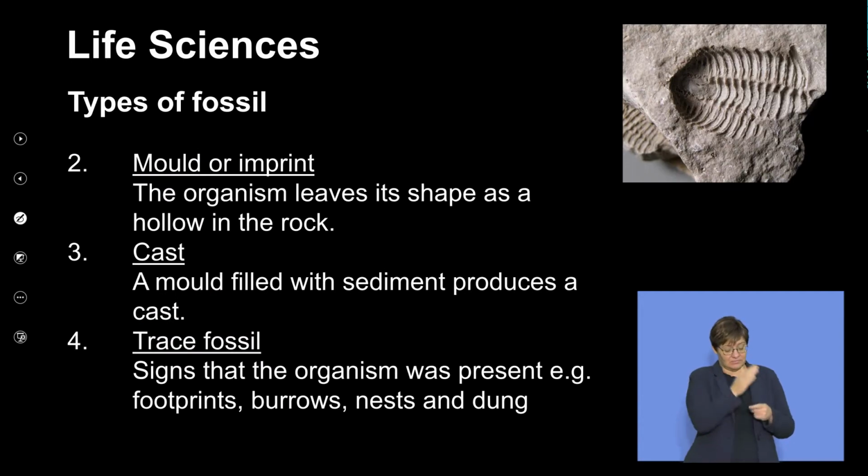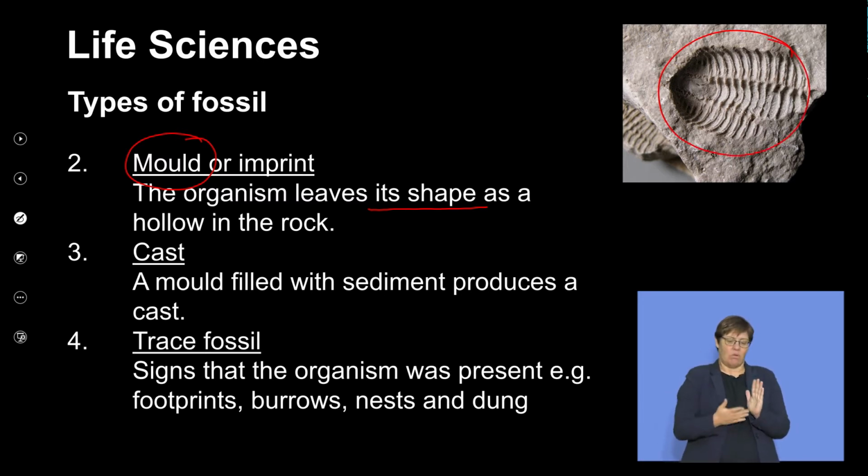Then we also find molds, which is where the organism dies. It's covered by sediment, and then it decomposes. So the only thing left is its shape, and the shape is as a hollow in the rock. It's not the actual animal that was there.